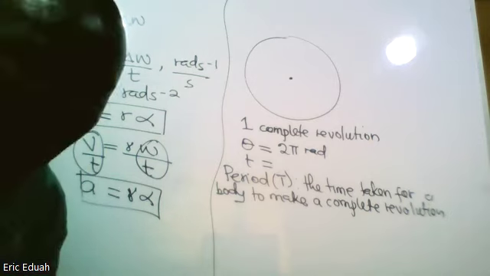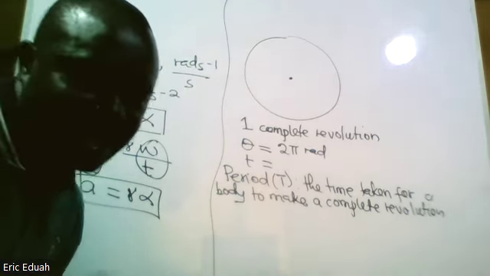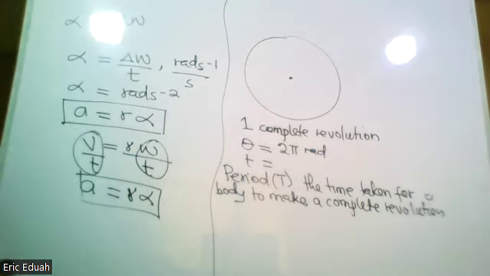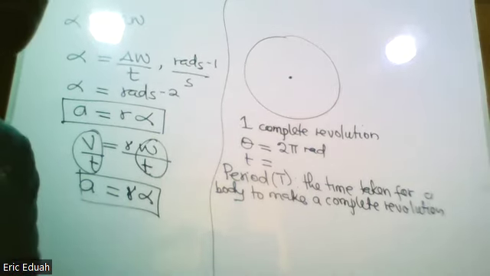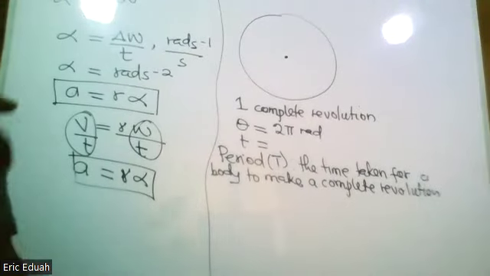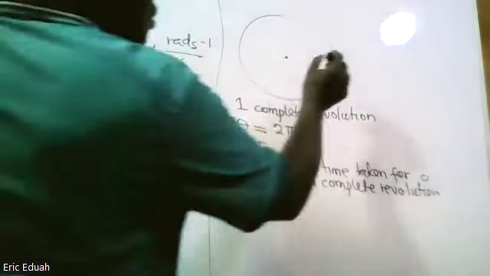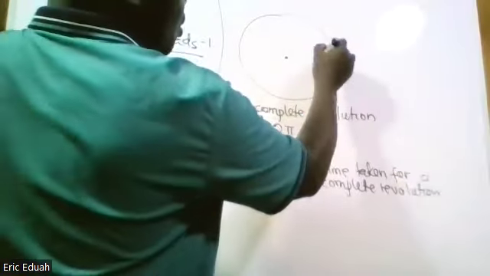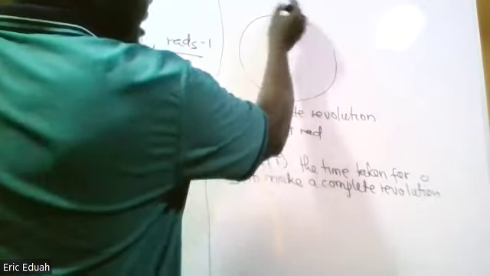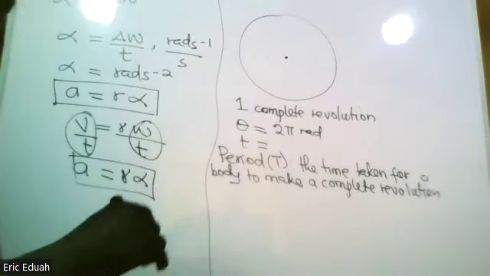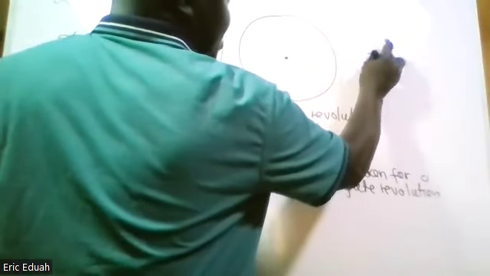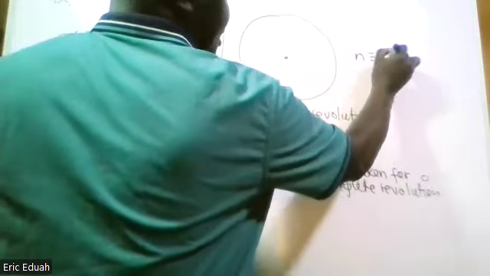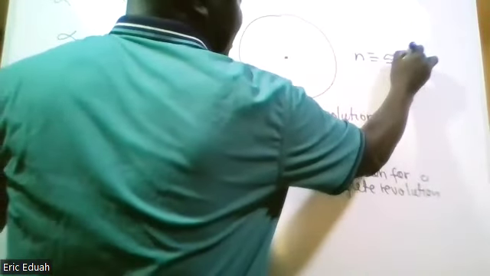So practically, this is like this. Lizzie is an athlete. I tasked Lizzie to go around this oval five times. So the number of revolutions is 5.